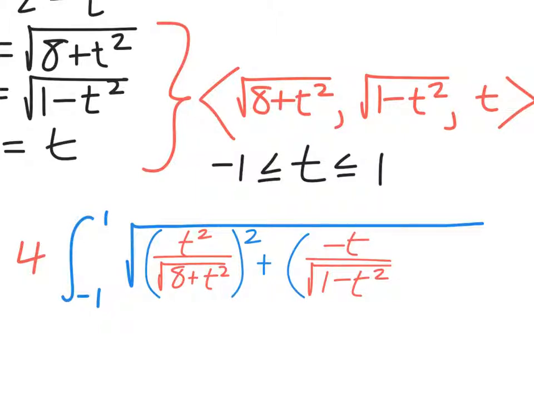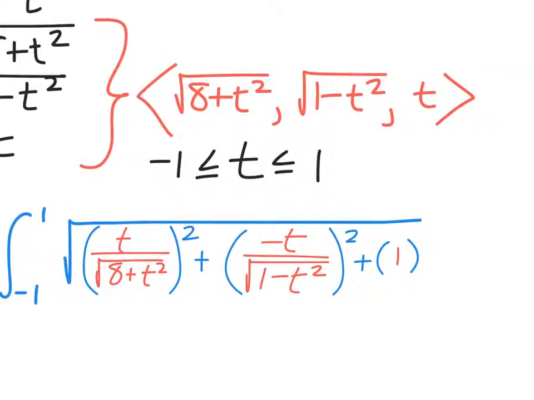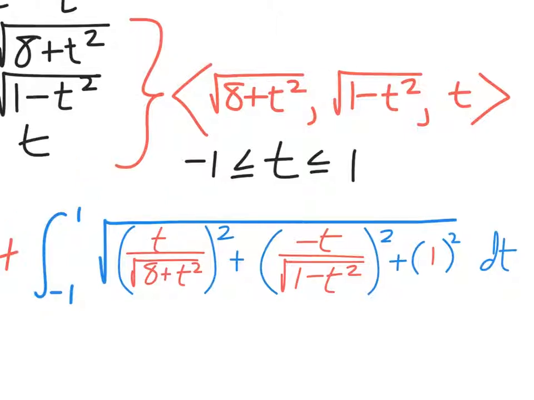And what did I say over here? That should be just a t. All right. Squared, plus the part that I'm least likely to screw up, a 1 squared, which is just a 1, dt. Now we can clean this up if we want, or we could just chuck it right into the calculator.